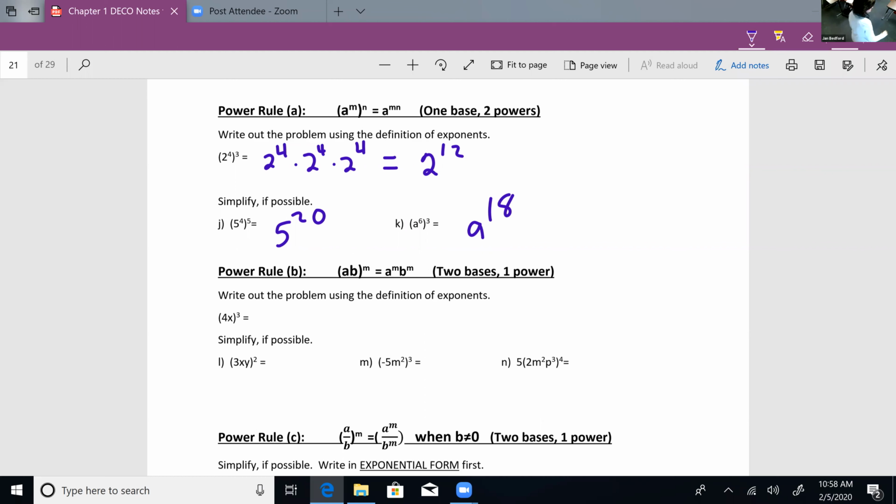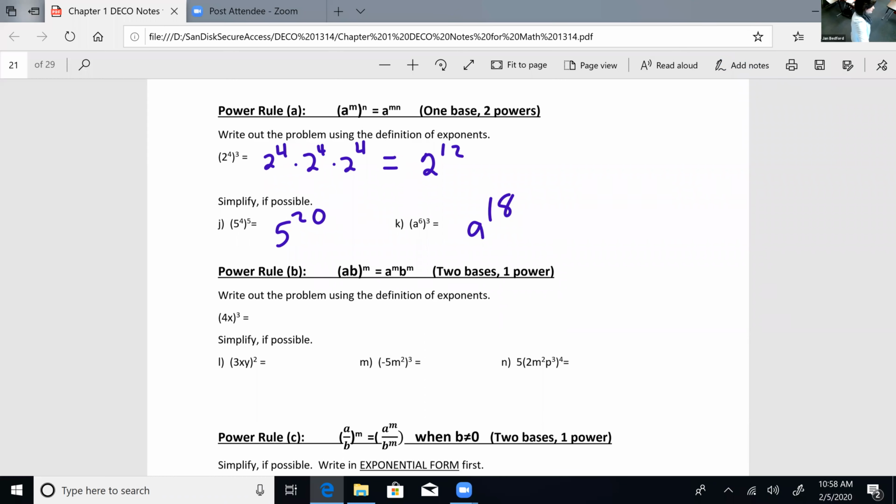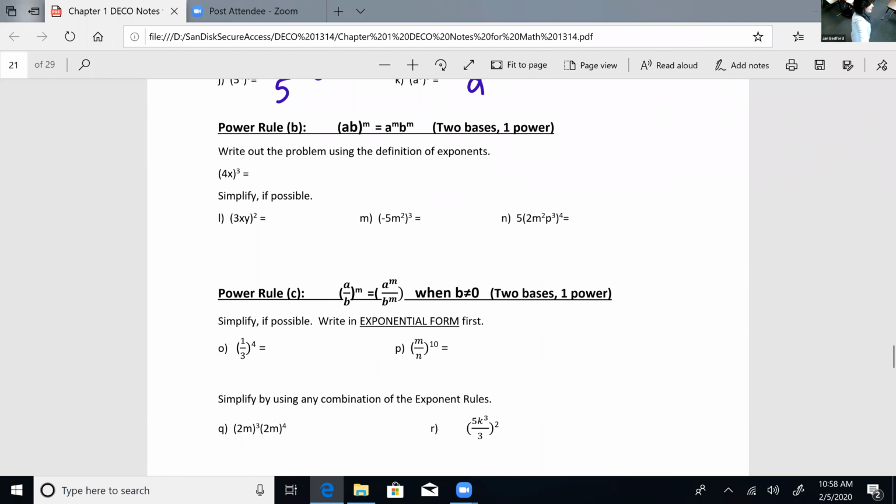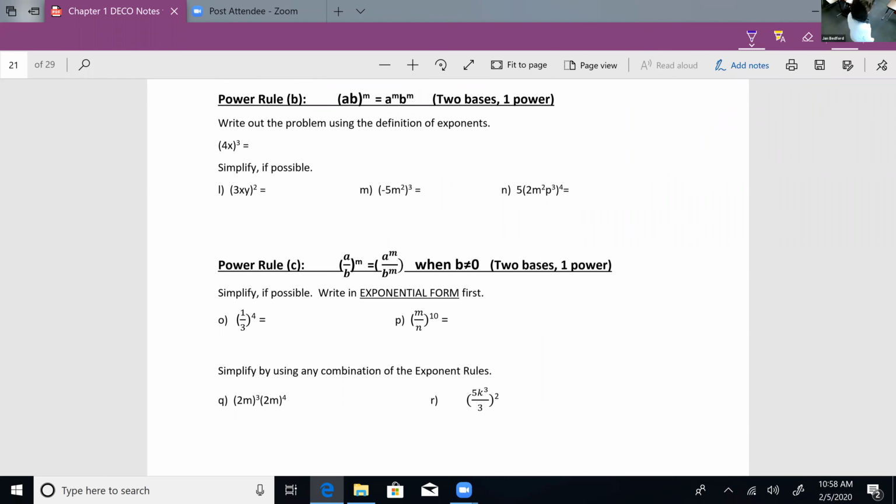Okay, now look at this one. The difference here is we have a parentheses with an exponent on it, and there's more than one factor inside the parentheses. So what do I have to remember when I raise this to the 3rd power? What's getting raised to the 3rd power?